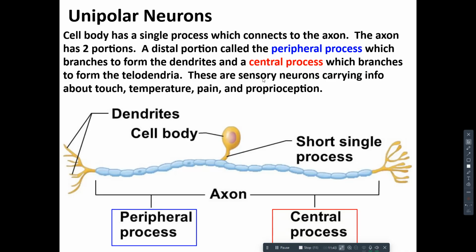They're going to be sensory neurons dealing with touch, temperature, pain, and proprioception. Remember, that was our awareness of joint position, limb position. And we'll take a look at some more of these guys in a second. Obviously, the central process is the one that is going towards the brain or spinal cord, going towards the central nervous system. The peripheral process is the one coming from the periphery.